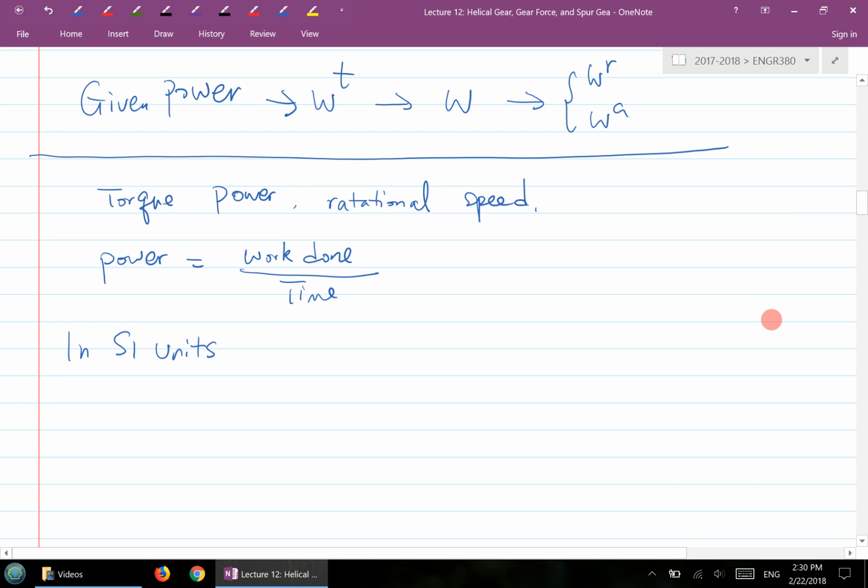For SI units, when you calculate the power, you can use T times your angular velocity ω. The P here is in watts, W, and the T is torque, whose standard unit is newton meter.